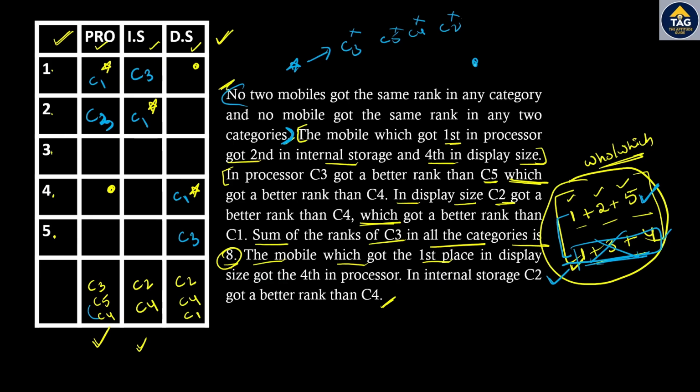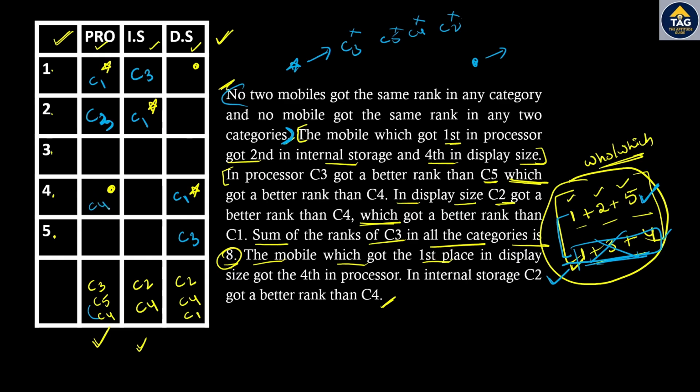Let us try to find this mobile now. Or, before getting into this, let us try to fix C5 and C4 in processor. Can I write C4 here? Is it possible? Definitely no. C5 should be placed ahead of C4. So it cannot be C4.